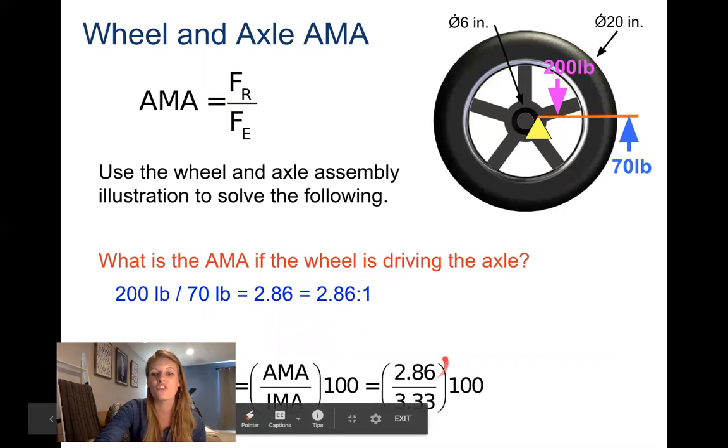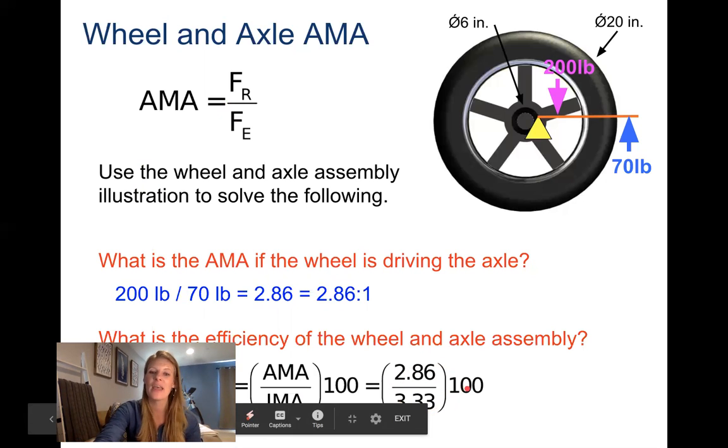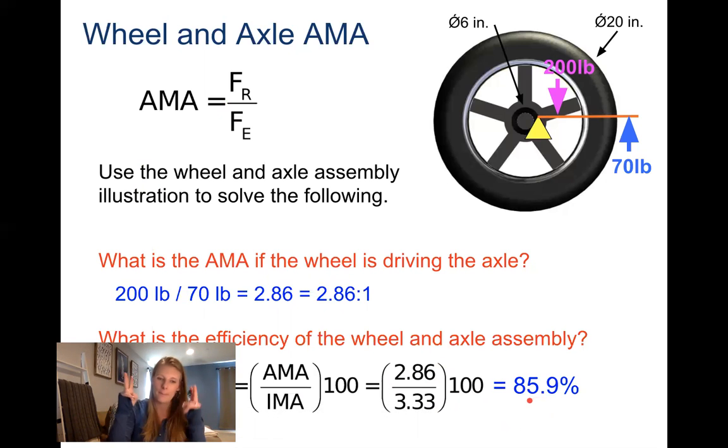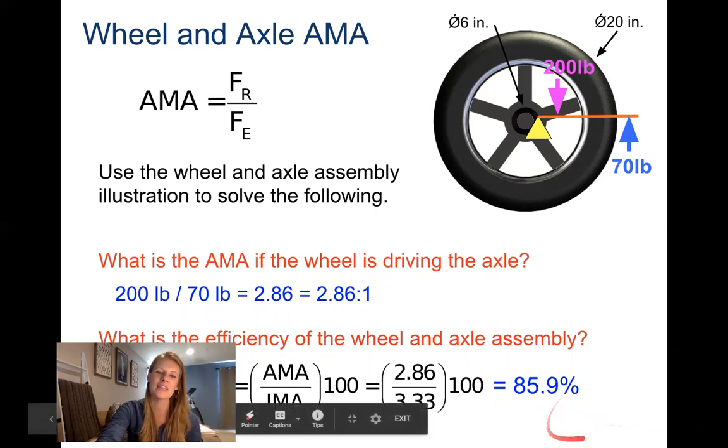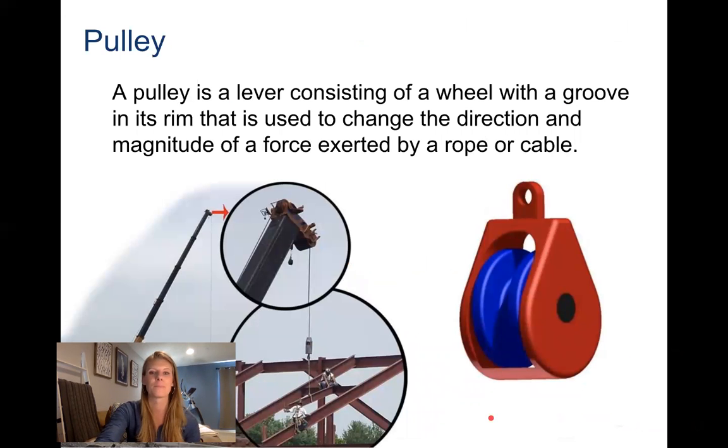So we take our 2.86, divide by 3.33, multiply times 100, and we end up getting that this wheel and axle simple machine is going to be 85.9% efficient. You always want to see in the 80s, 90s, anything that gets into the 70s, you don't really like that percentage for efficiency. Okay, so now we're going to talk about a pulley.